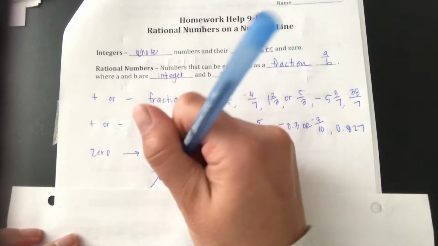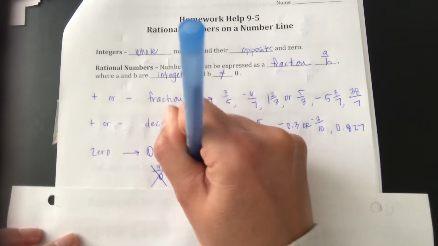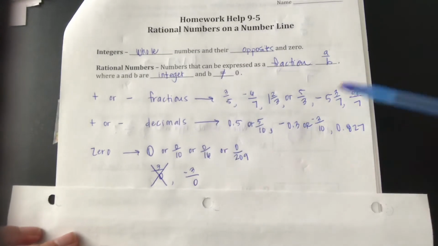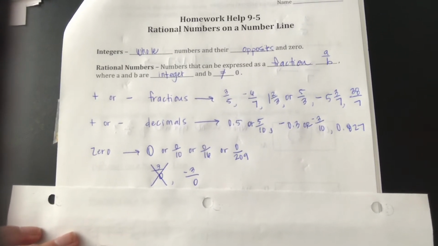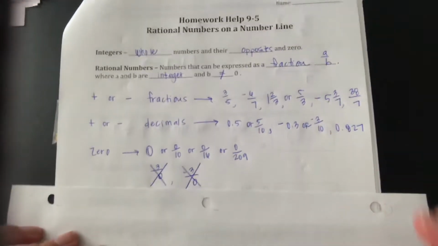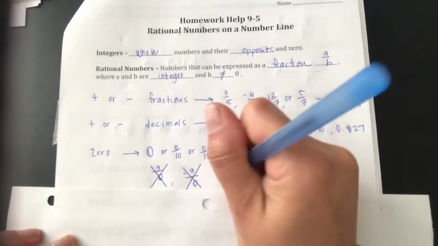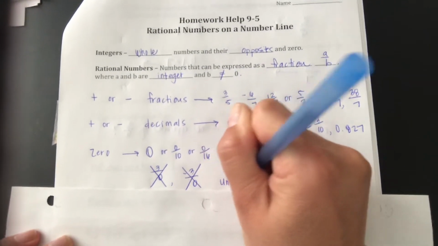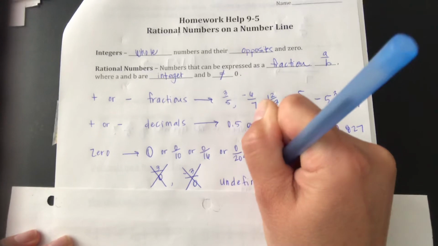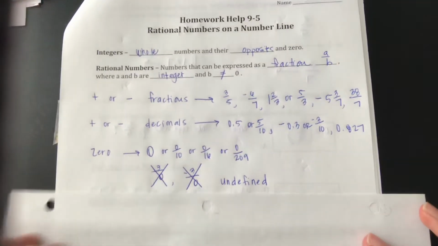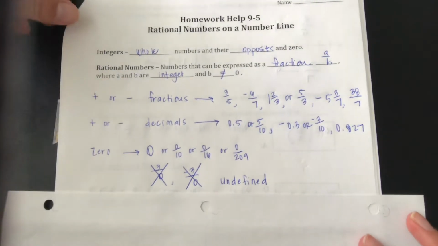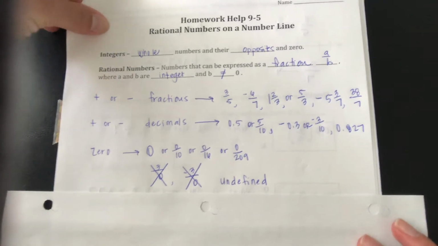Okay? Or negative 3/0. Again, you have that in that bottom denominator place. So those would not be examples, okay? Or another word for that would be undefined.